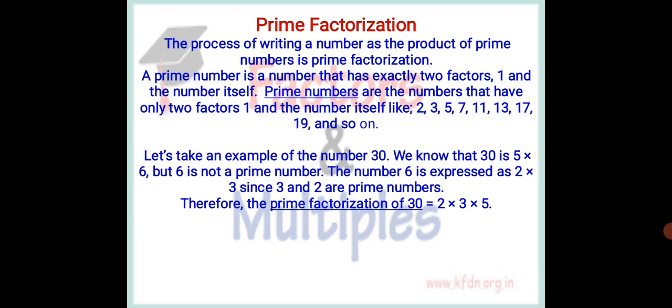How do we write the number 30 in the prime factorization method? We will write 30 in such a way that it is a product of all prime numbers.